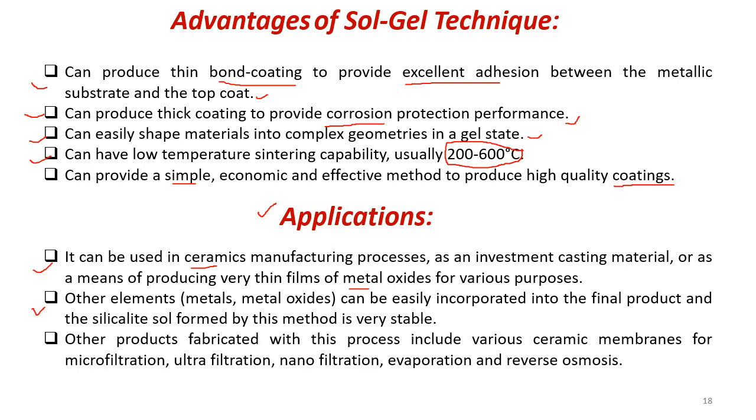So where we require metal and metal oxide products having these types of coating, there we can go with the sol-gel. Other products fabricated include ceramic membranes for microfiltration, ultrafiltration, nanofiltration, evaporation and reverse osmosis.